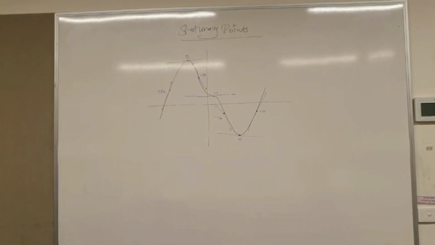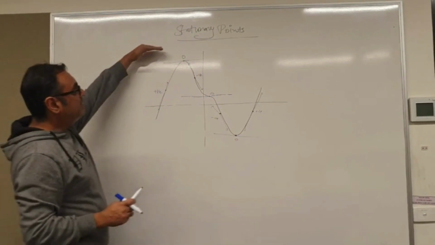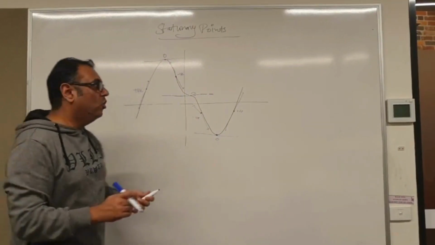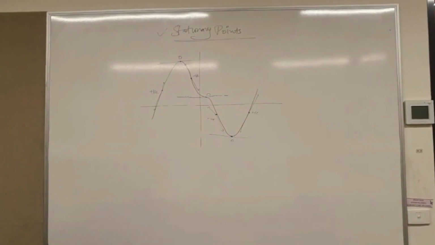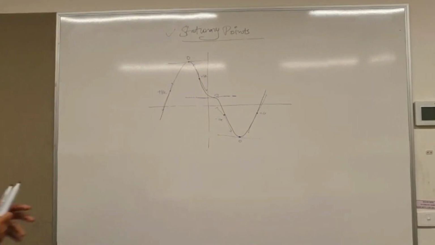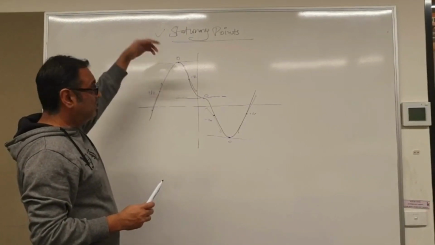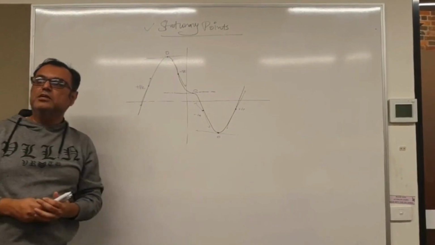Now, I conclude. Wherever the slope is 0 are called stationary points. You have popularly heard these humps as turning points.